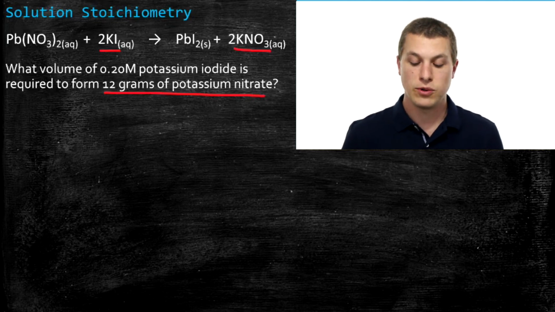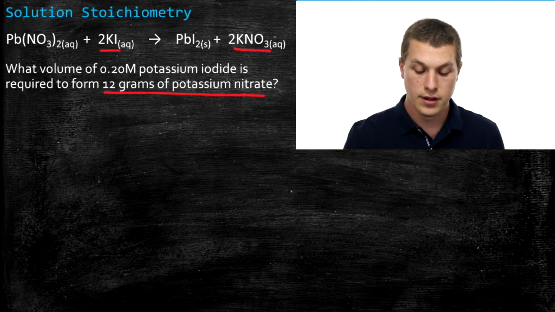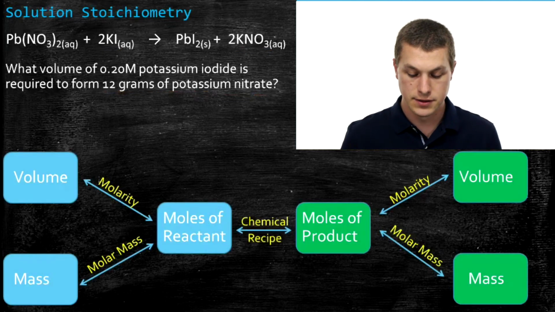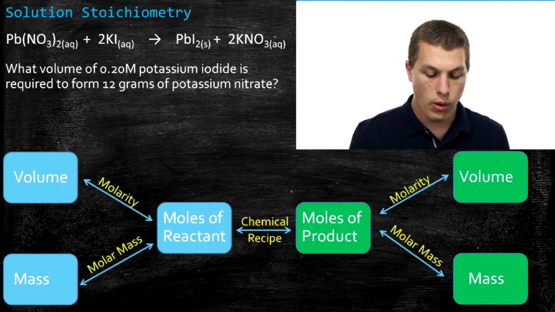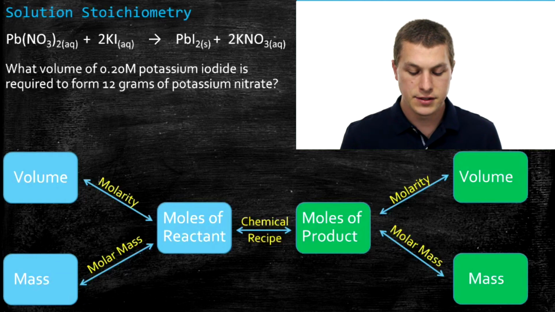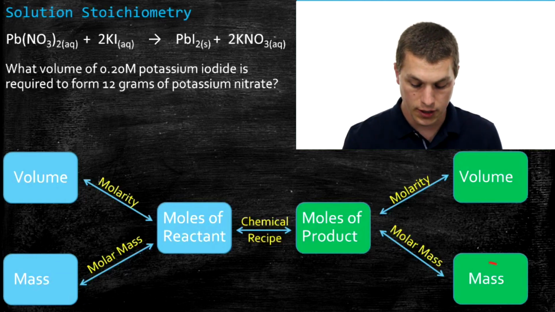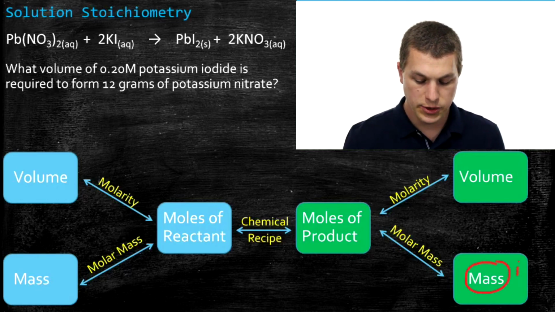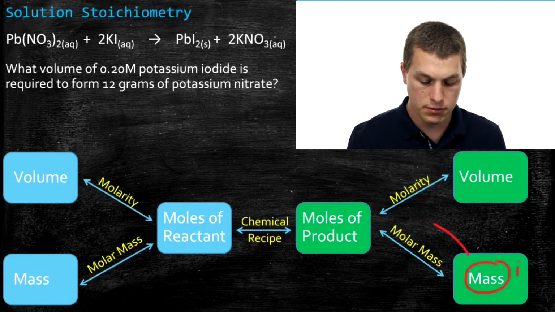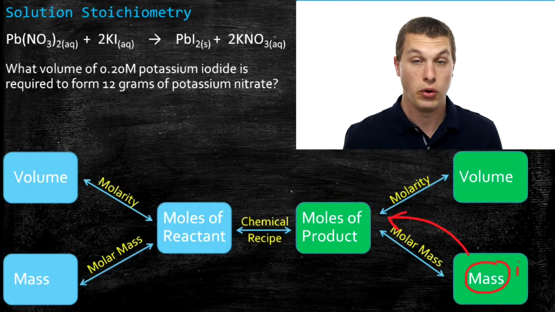So how are we going to do this? Well, let's go back to that flow chart we have, and it's going to help us think through this process. So in this case, we're starting out with the mass of our product. So we're starting out over here. This is where we start out initially. And what we're going to do is go from the mass of our product to the moles of our product using molar mass.